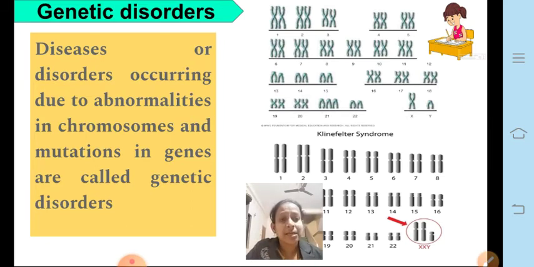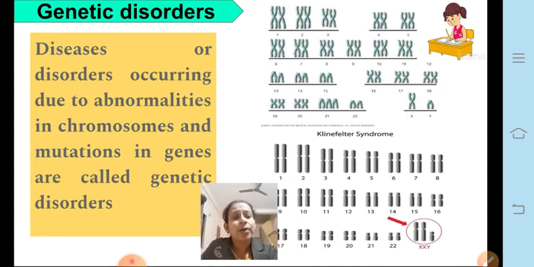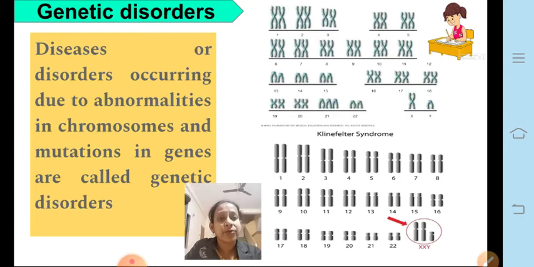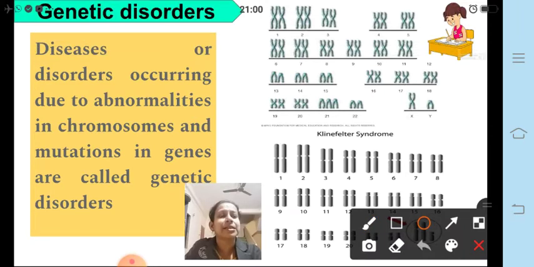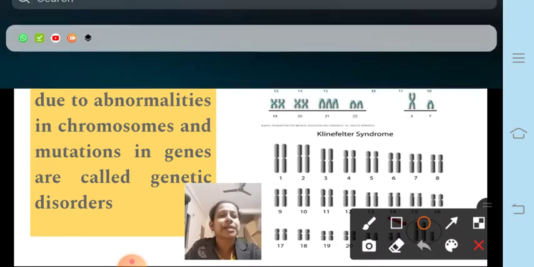So genetic disorders are very important for us to know. How can they occur? It may occur because of an increase or decrease, as I mentioned. For example, here you can see the human genome.